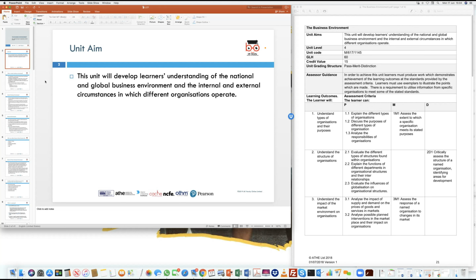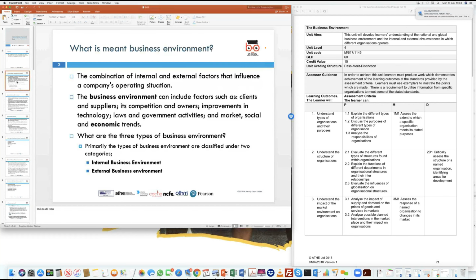So let's understand some key terms before we get into the actual details of the unit. I've defined some terms here. First of all, let's understand what is a business and what is business environment.